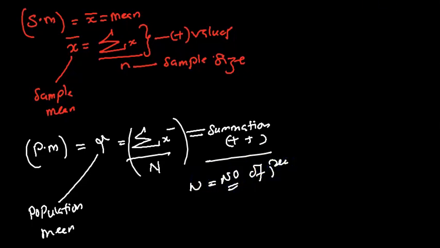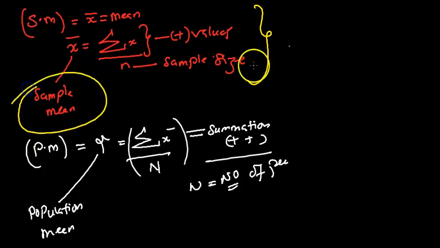Okay, let's try the next one. Let's go back to the first one, because there is a bit of explanation which I need to give. The sample mean is simply the average value of the sample, calculated by summing all the values and dividing by the sample size. Therefore, the sample mean, X bar, is the summation of X divided by n, and this is the formula.